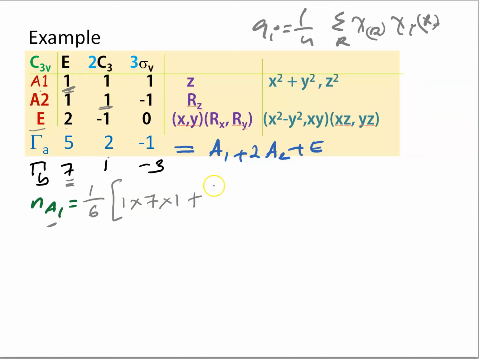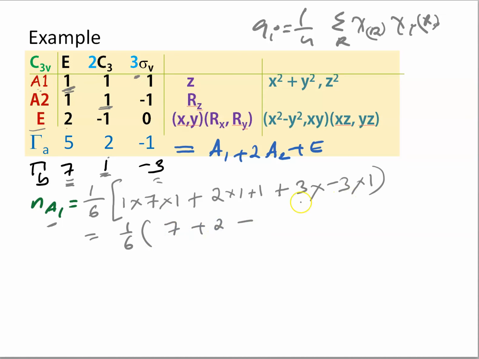Second element C3. There are 2 C3, so 2 into character of gamma B, that is 1, into character of C3 in A1, that is 1, plus again 3 into, sigma v is here, minus 3 into 1. Okay, and that is equal to 1 by 6 into 7 plus 2 minus 9. Okay, that is equal to 0. So A1 is not present in gamma B.